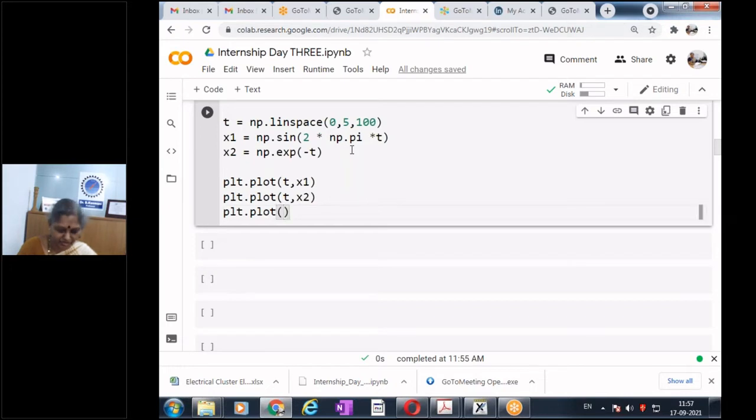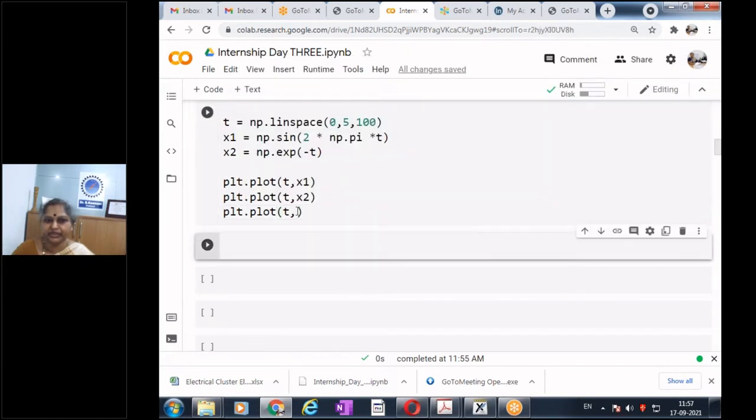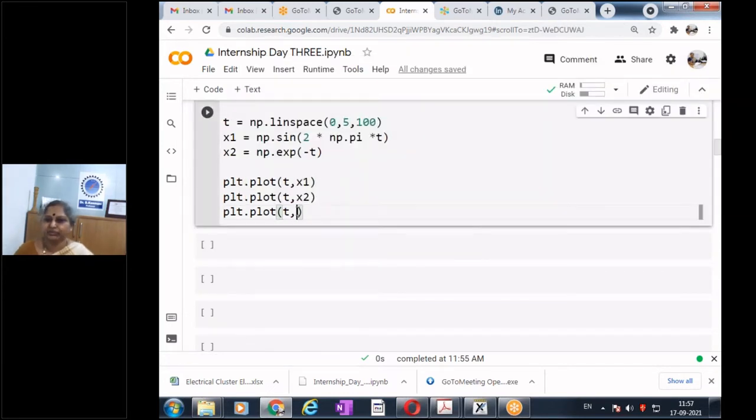What should I plot now? t comma, I want an exponentially decaying sinusoid. So what should I put here? Is it x1 plus x2 or x1 into x2? Multiply both. Yes, so x1 into x2. And let us see what happens now. So I'm defining my signal x1, I'm defining x2, and I'm going to plot the product.